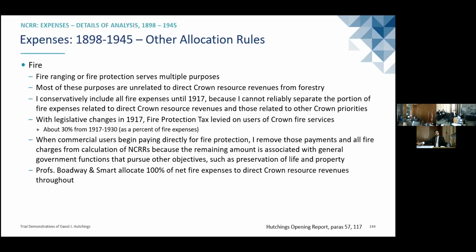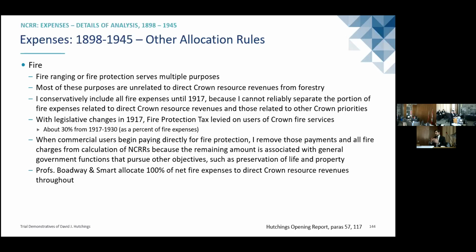And you don't include that tax as a revenue source? That's right. And you then don't include the expense either? That's correct. And you need to explain that for me one more time. Sure. So the total amount spent on fire protection serves many purposes.